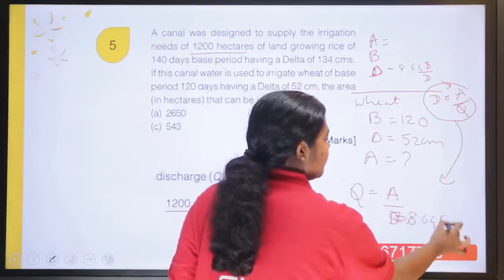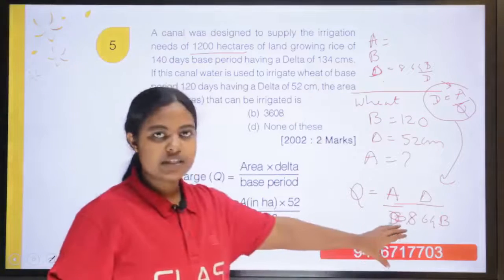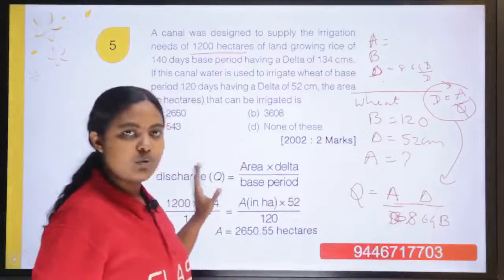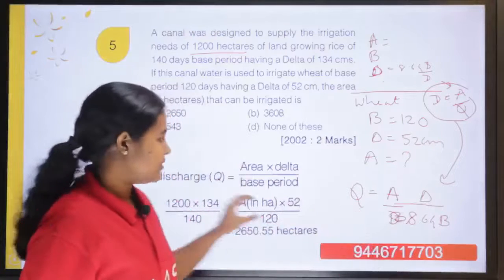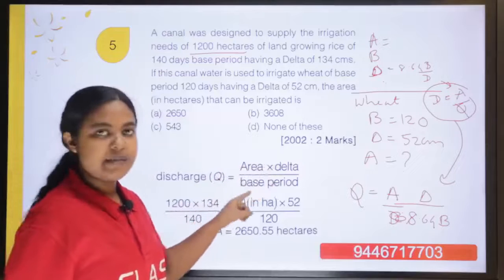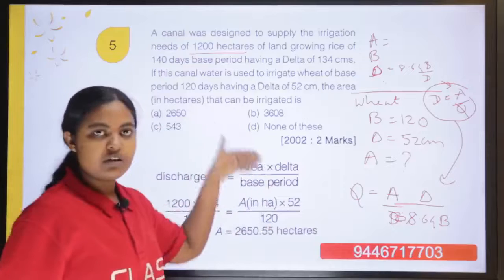Since this 8.64 is a constant value, if I equate both the discharges, this 8.64 term will get cancelled. So that is why discharge is written as area into delta by base period. Here we are equating the discharge of both the crops.